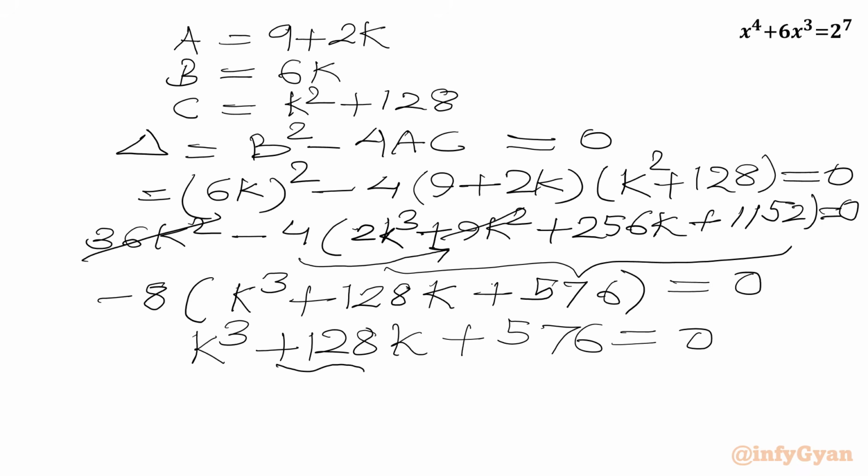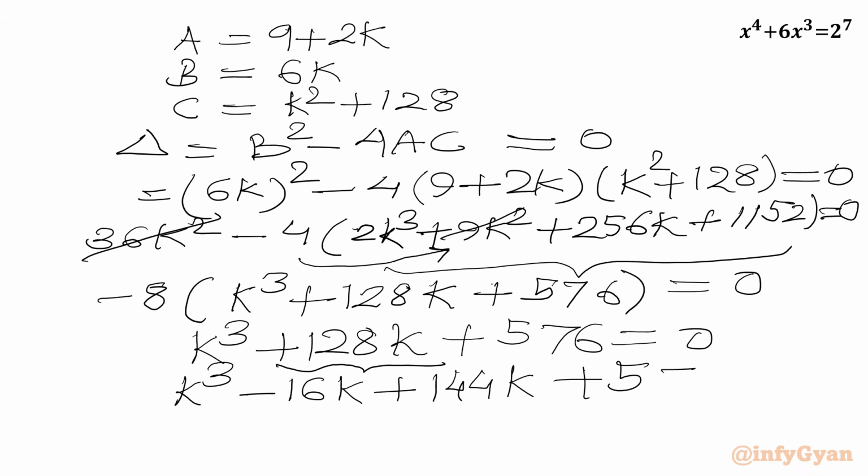I can split our middle term. Let me write here k cube. 128k can be written as 144 minus 16. So I am writing minus 16k plus 144k. Then we have plus 576 equal to 0.